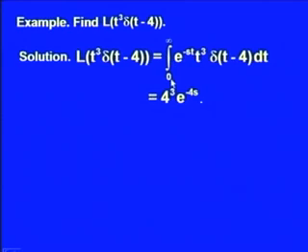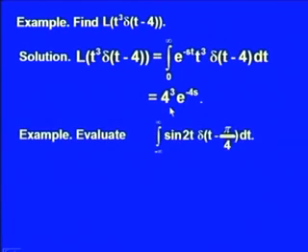So if you identify this integral with that, its value will be e to the power minus 4s into 4 cube. We can regard this as f(t), so f(a) with a equal to 4 here. So the value of the integral will be 4 cube e to the power minus a s.